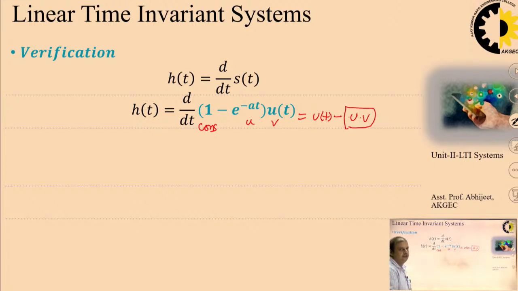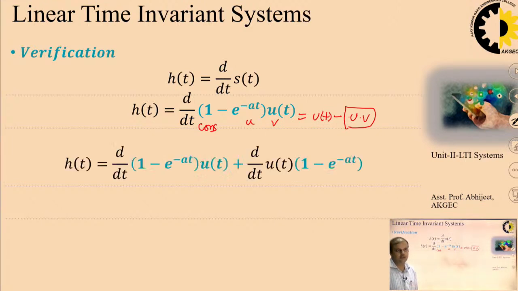If I differentiate the product of two functions with respect to the independent variable, I have the differentiation of the first function while the second function remains constant, plus the differentiation of the second function while the first remains constant. That is what we will do. The impulse response will be d by dt of this, keeping the second function constant. For the second part, we will differentiate the second function and leave the first function as it is.